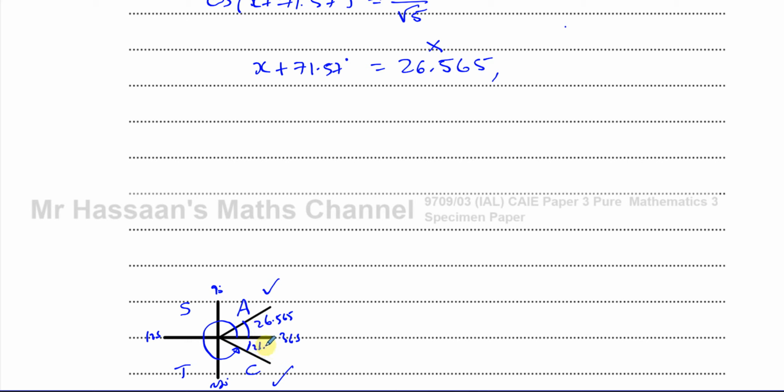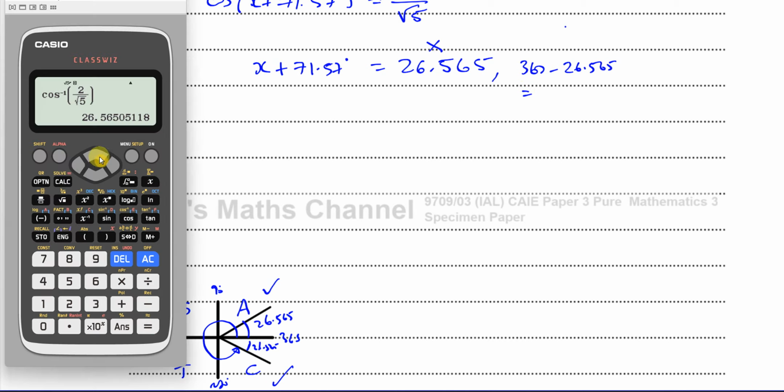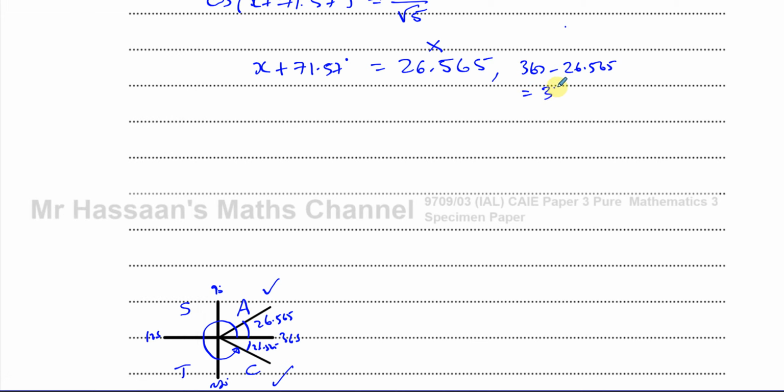So the angle we're looking for is 360 minus 26.565. We take 360 away from that answer, and that gives us 333.435. That's the other angle within our range.